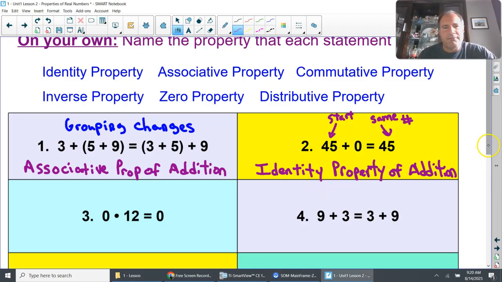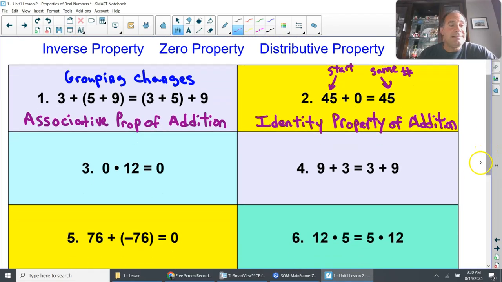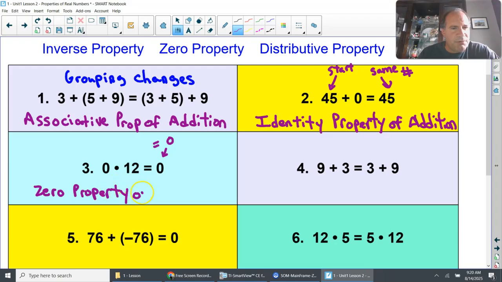So for number 3, we're going to talk about 0 times 12. And it equals 0. All right? Equals 0. So this is the 0 property of multiplication.